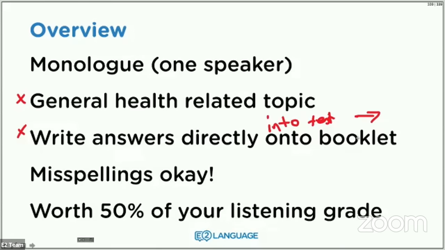Also, in this part of the test, you're allowed to misspell words. Spelling is not super important as long as the examiner can read your word and know what it is. So as long as your spelling isn't too bad. And this part of the test is worth 50% of your listening grade. So it's just as important as Listening Part A.